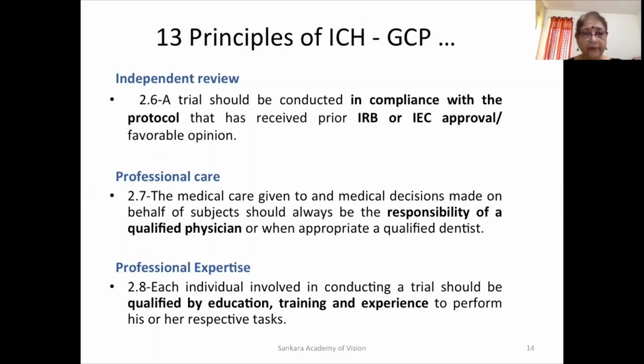So professional expertise should be there for the investigator, and the investigator can become only a principal investigator if that person is qualified by education, training, and experience. Many a times we have seen that the students are actually named as principal investigator, which is not correct because the student is not qualified yet and does not have the training and the experience.